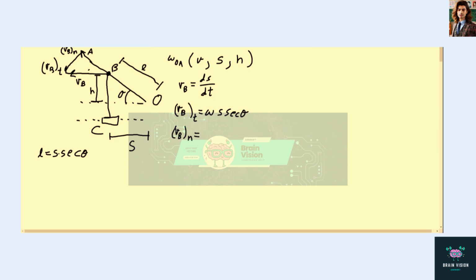So the normal component of the velocity will just be dL/dt, which we can rewrite as we know that L is S times the secant of theta.